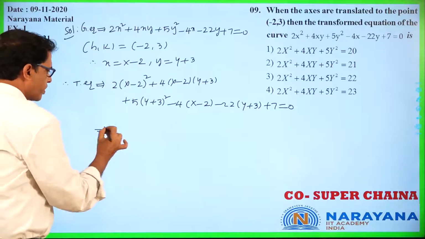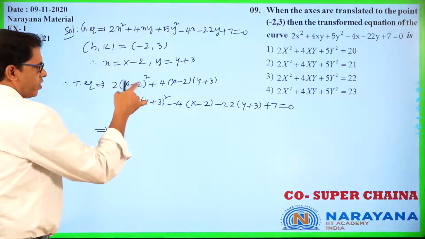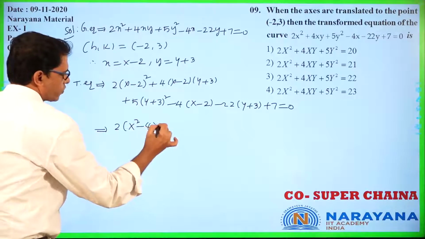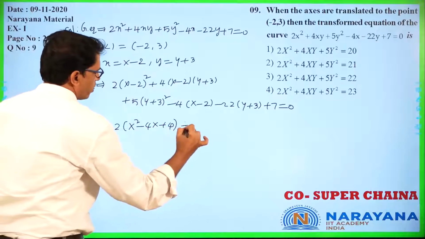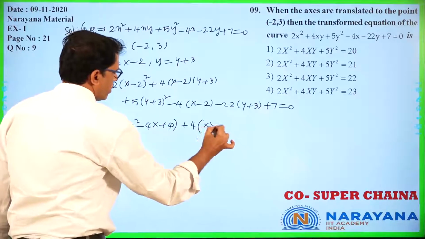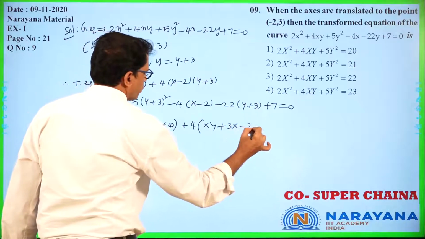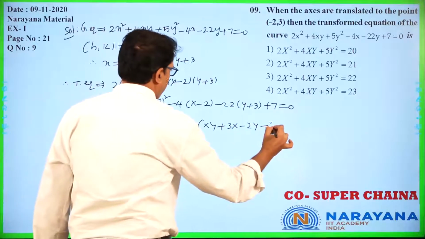Now, common simplification. Here 2 into (x square minus 4x plus 4), then plus 4 into (xy plus 3x minus 2y minus 6).